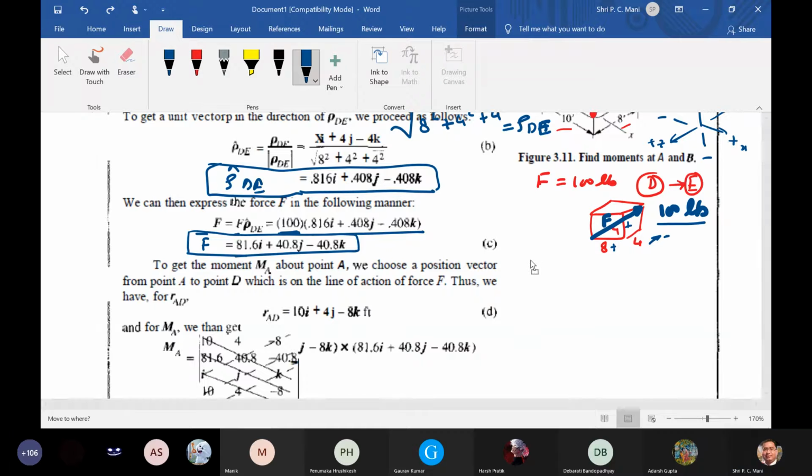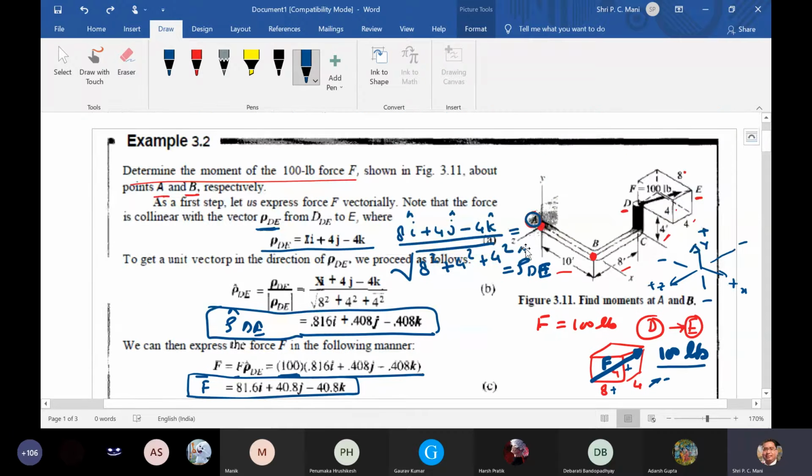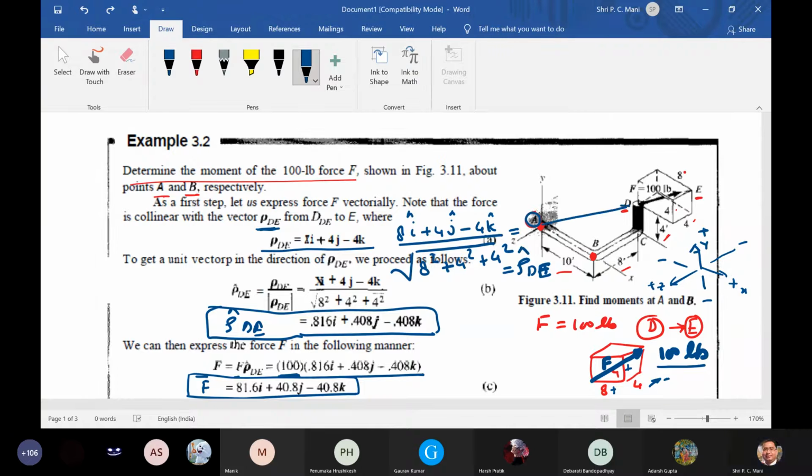For A, you have to take any point on this box where this DE vector is, so you take this position vector.